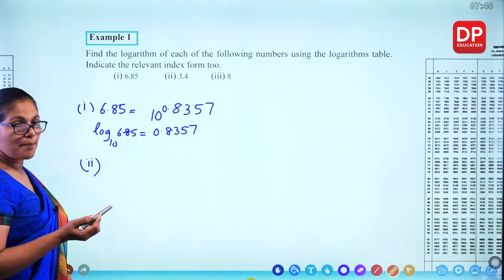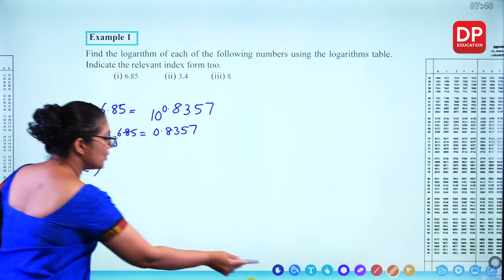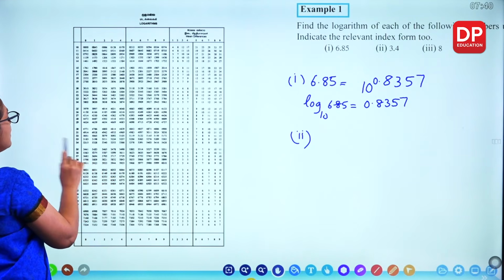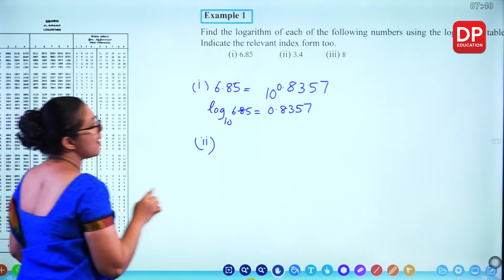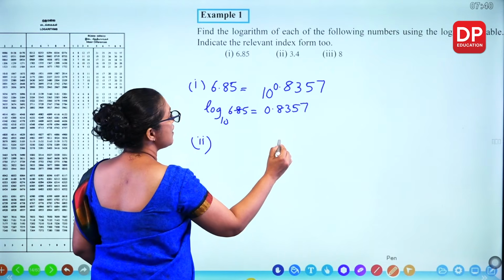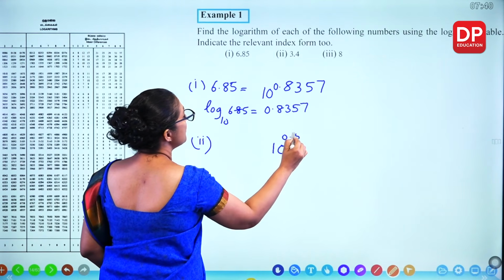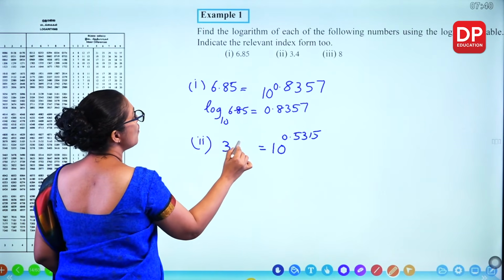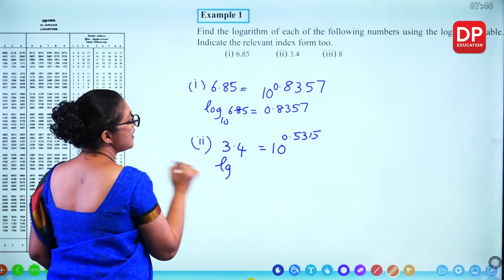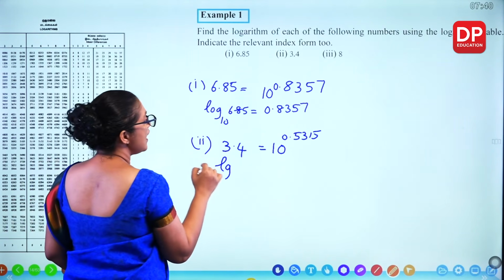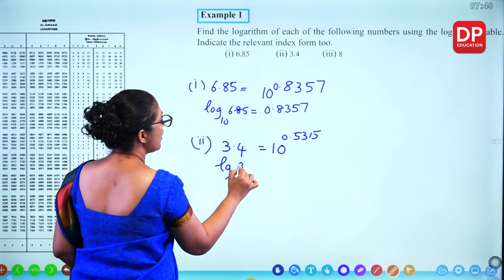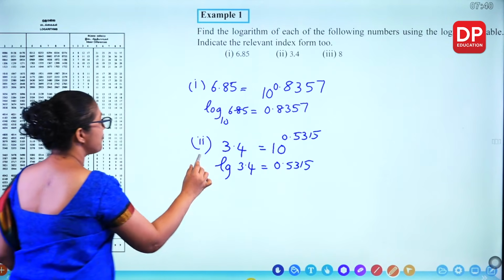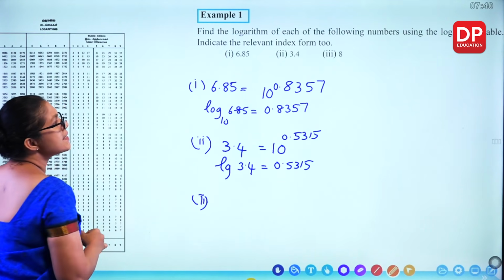Next one, 3.4. A number less than 10. 34.0. Refer to the table: 5315. So we can write 5315 for 3.4. Then I'll write LG instead of log base 10. LG of 3.4 is 0.5315. Third one, 8.